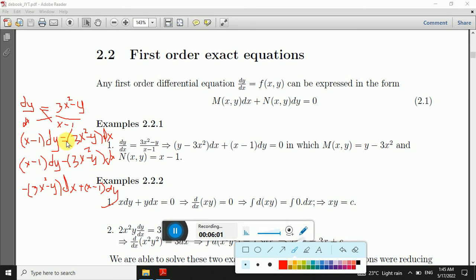Oh, when we crossed this one, this side was supposed to be equal to 0. Oh my god, I had forgotten. So this is equal to 0.